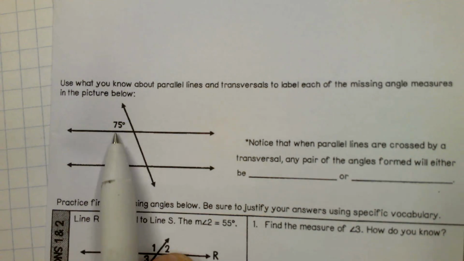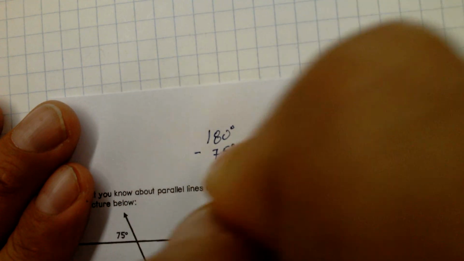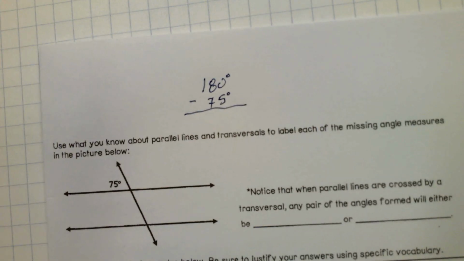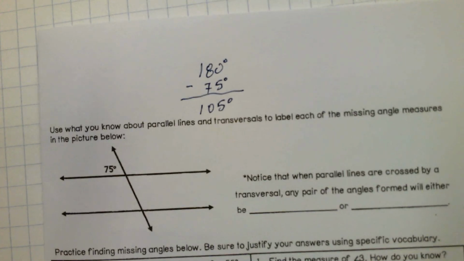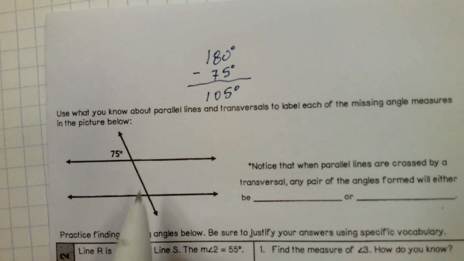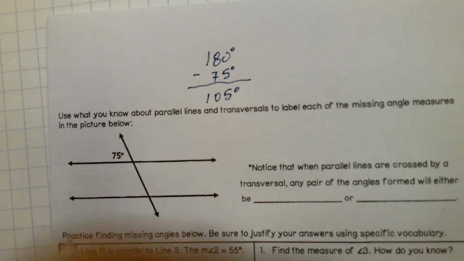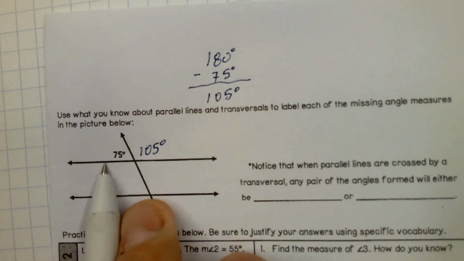It's either 75 or 180 minus 75, which is how much? 105. So this angle here is 105, right? They form a linear pair.